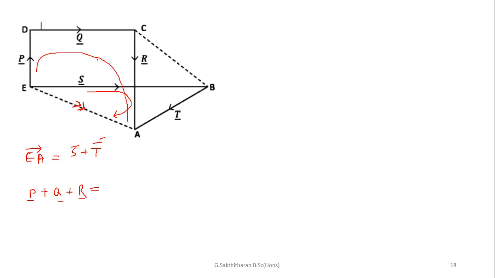So here also the direction of the resultant vector is starting from E and finishing here. So here also we get EA. So the resultant vector is 2EA.